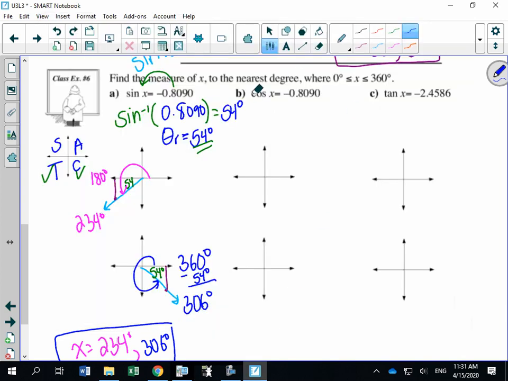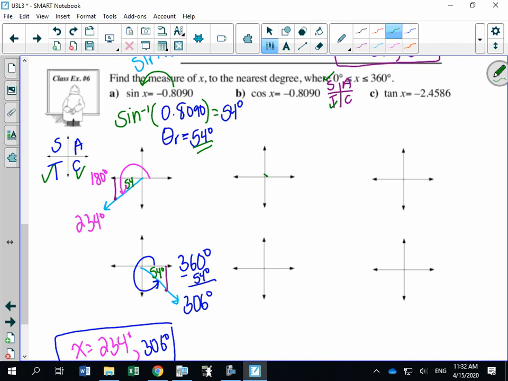I want you guys to draw your Cartesian plane for B. Put your check mark. It's always going to be in two quadrants, where cos is negative. So cos is negative here and here.